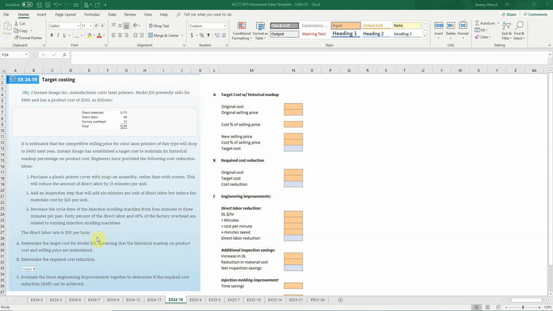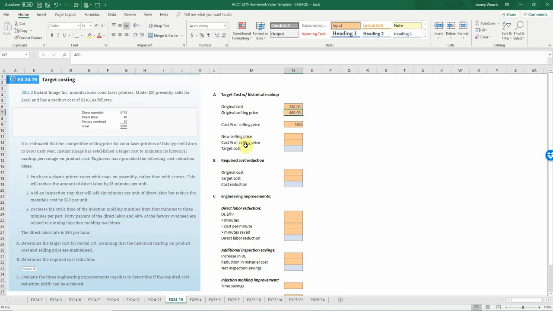So the first step in part A: determine the target cost for the printer, assuming the historical markups on the product and the selling price are maintained. All right, so we have an original cost of $230 per unit, that's given, and an original selling price, they tell us, is $460. So that means that when we sell a unit for $460, 50% is going to be cost and 50% is going to be profit.